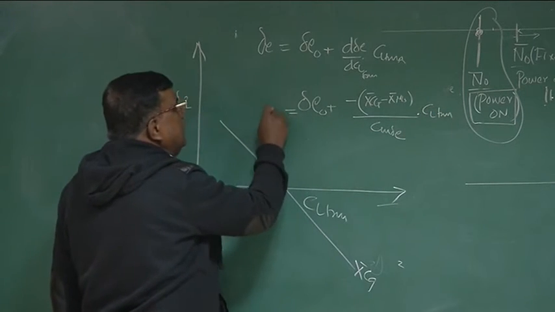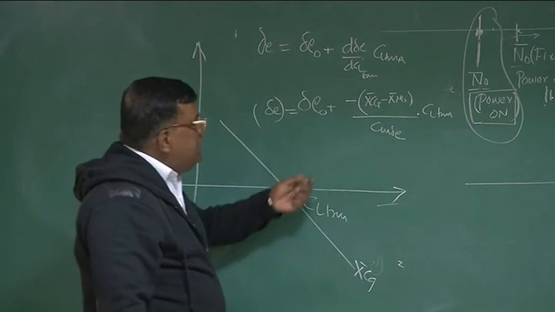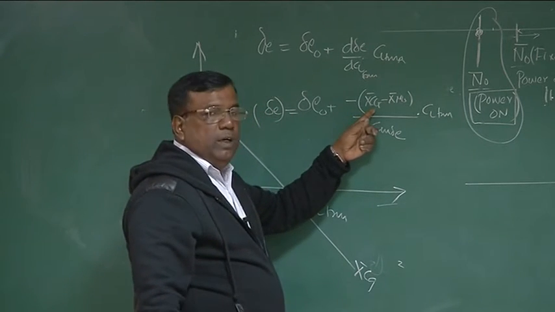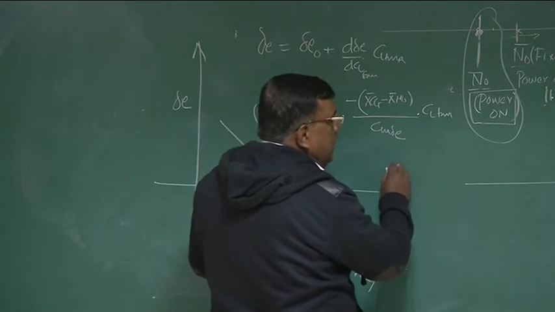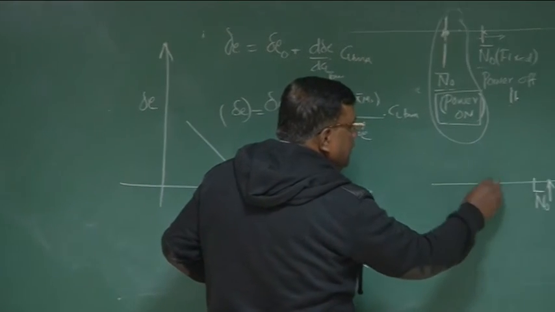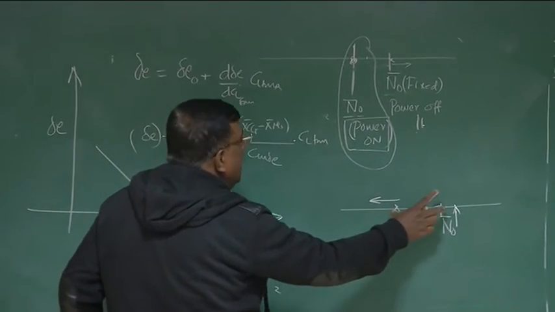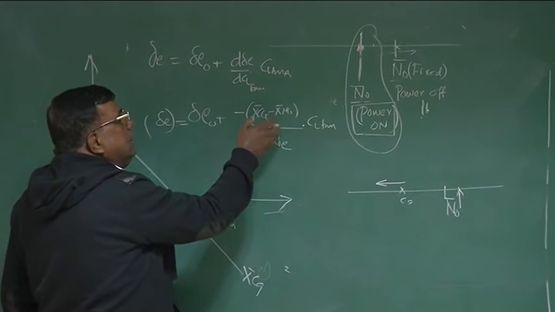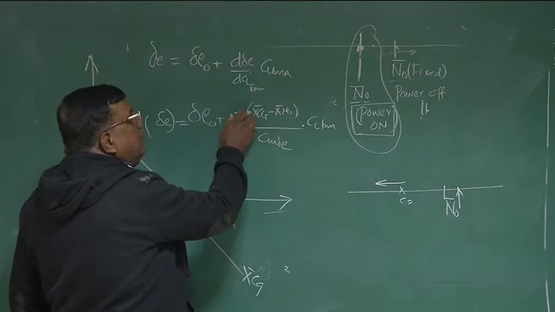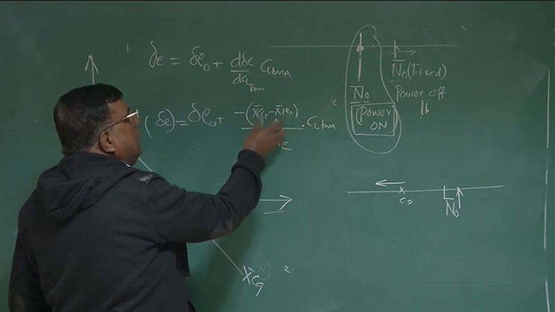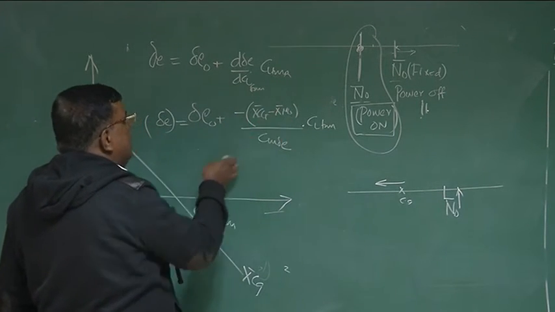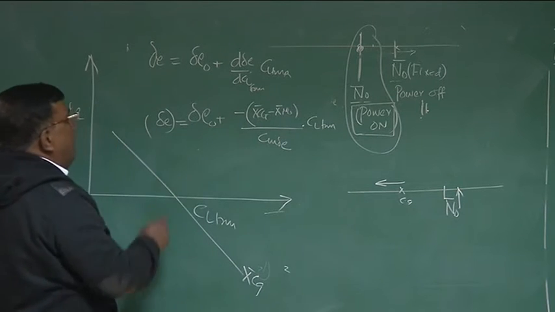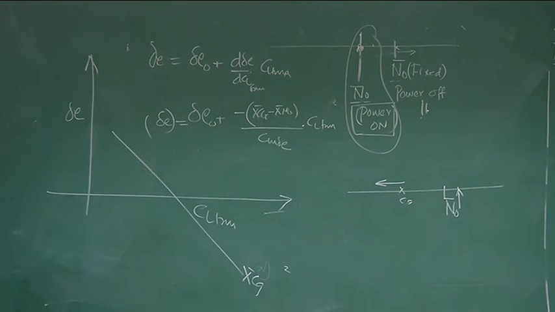This is equal to delta E required. So as I am taking CG forward, suppose this is the airplane and I am taking CG forward in this direction, this gap XCG minus XN naught is going on increasing. Okay? Negative, negative, positive and negative. So what is happening? As it goes on increasing, the delta E required also will go on increasing.